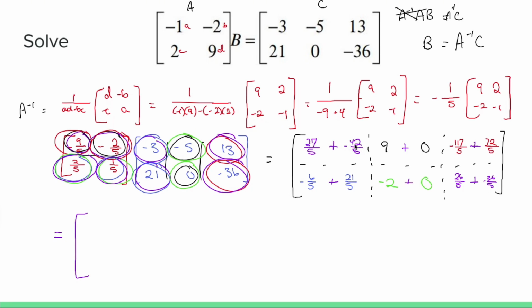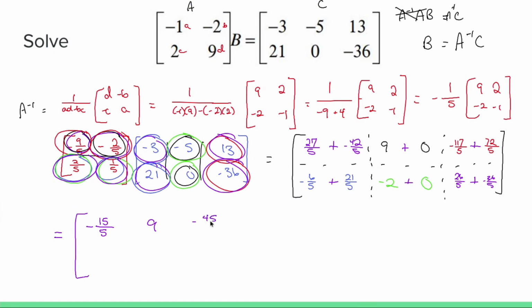27 minus 42 all over 5 is going to be negative 15/5. So that'll simplify. 9 plus 0 is 9. Negative 117 plus 72. What is that? Negative 45/5. Yep. So negative 45/5.